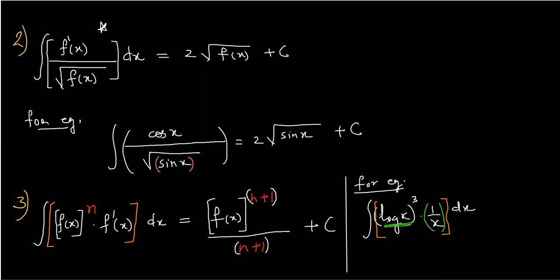So it's in the form f of x raised to 3 into f dash x dx. What will be the answer? The answer is log x raised to 3 plus 1, that is 4, upon 4, plus c. I will take one more example for this.